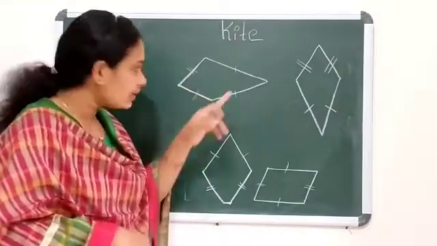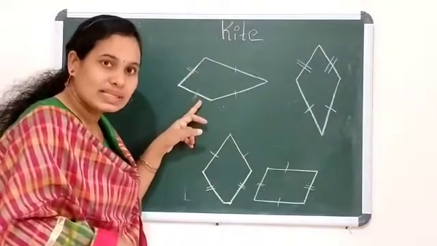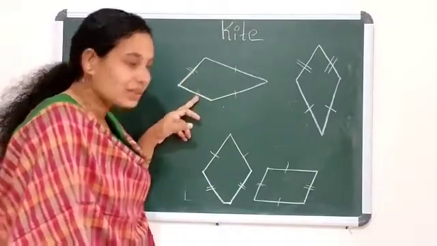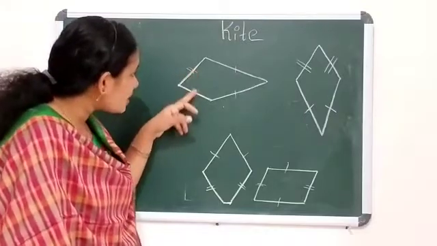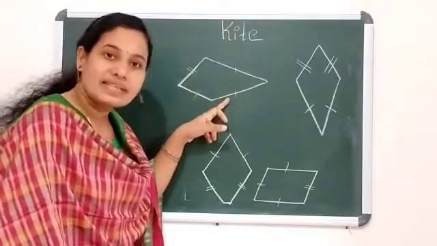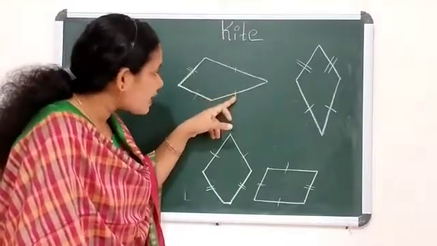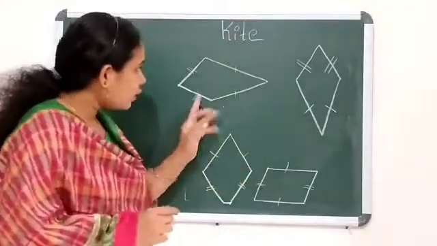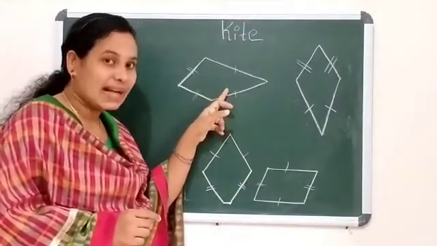We use this symbol for representing equal sides. These 2 sides also have equal length, and these 2 sides are consecutive sides. Consecutive means continuous. Therefore, it is an example of a kite.